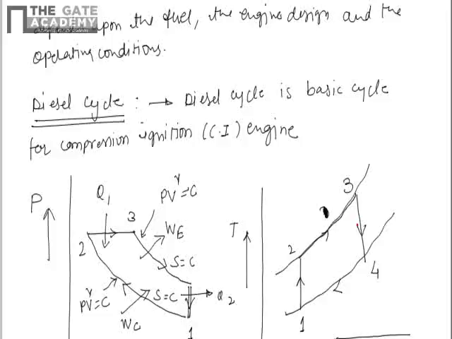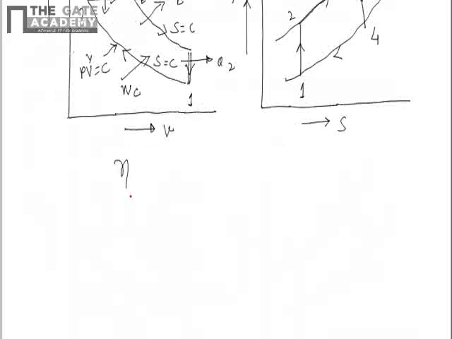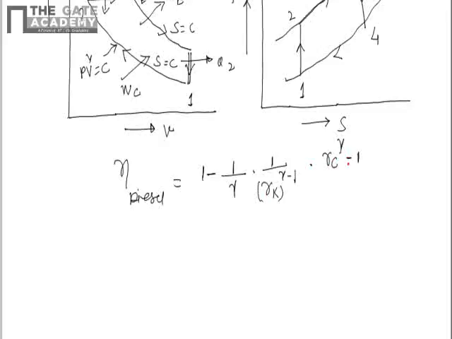And now let's calculate the efficiency of the diesel cycle. We have the formula for that, and I am directly writing it. The efficiency is 1 minus 1 upon gamma, into 1 upon Rk to the power gamma minus 1, into Rc to the power gamma minus 1 divided by Rc minus 1.